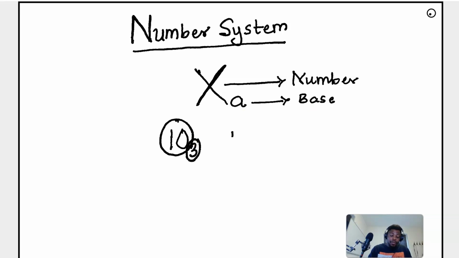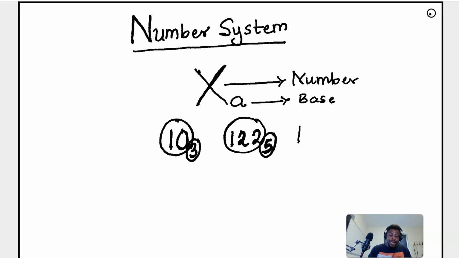So if I have 122 with 5 as subscript, the number here is 122 while the base is 5. So I can say 10 base 3. I can say 122 base 5.